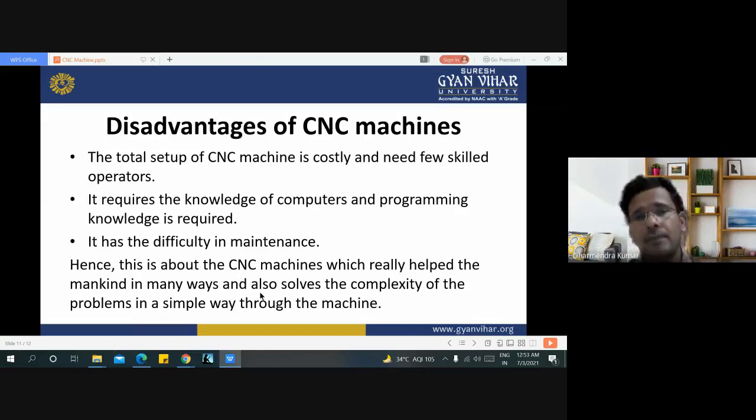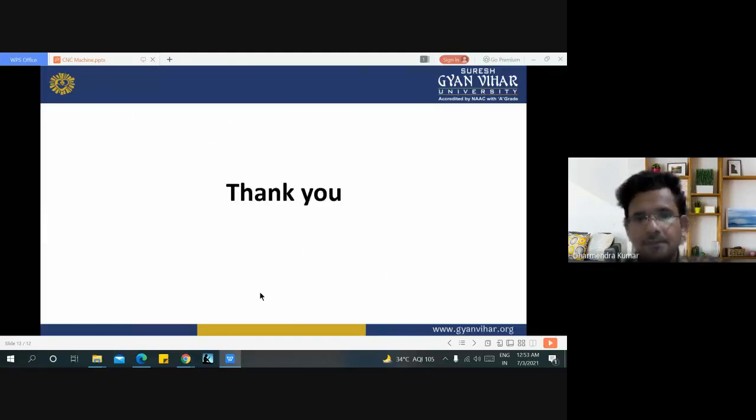Then the company may incur huge losses by the mistake of one error only. Hence, this is about the CNC machine, which really helped mankind in many ways and also solved the complexity of problems in a simple way through machines.